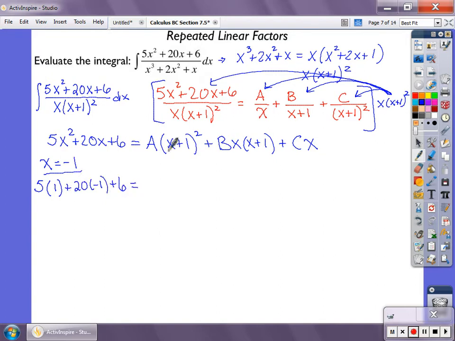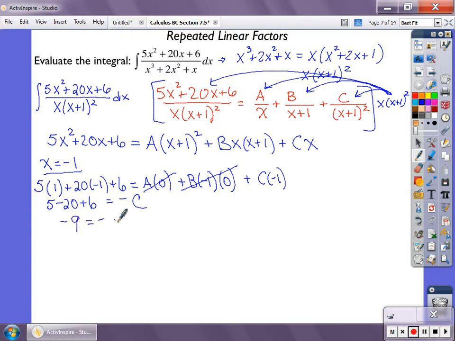Now, substituting in -1 here, we'll have A times 0 plus B times -1 times 0 plus C times -1. So we have 5 minus 20 plus 6. This is gone, that's gone, equals -C. And so 5 minus 20 is -15, plus 6 is -9 equals -C. And so C is equal to 9.